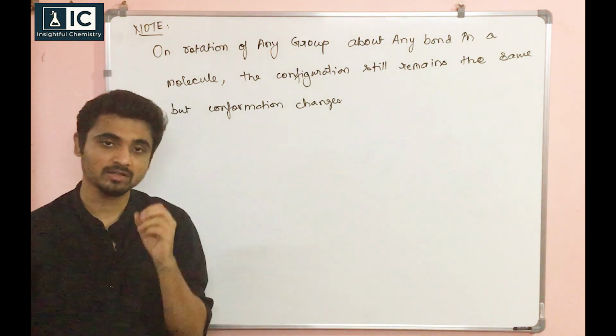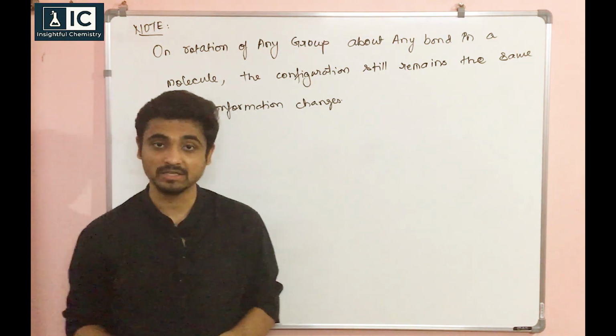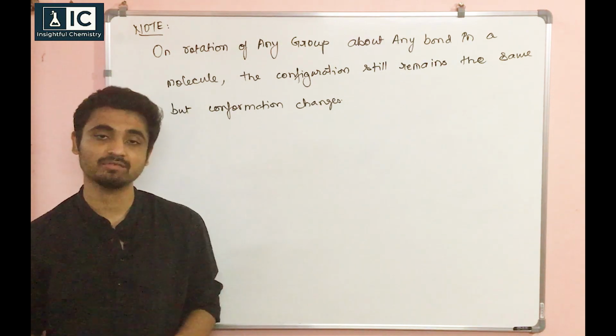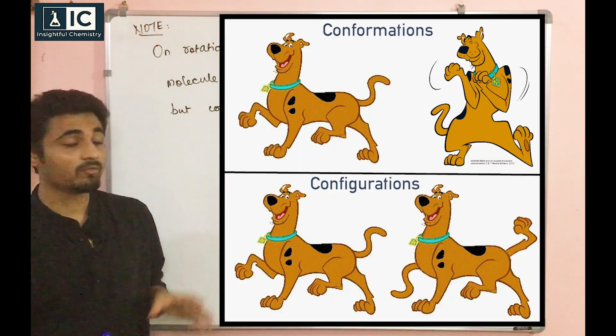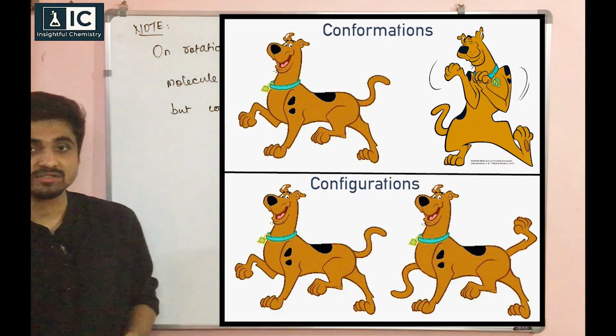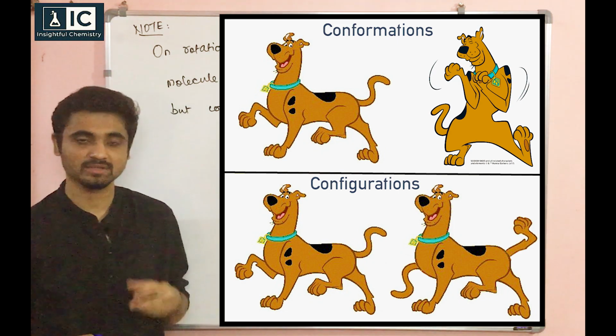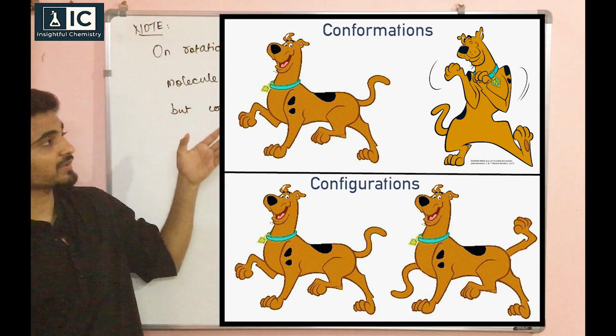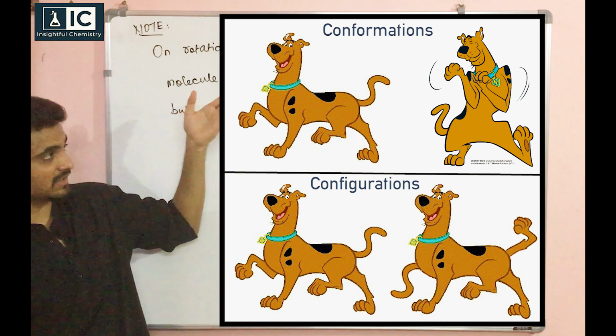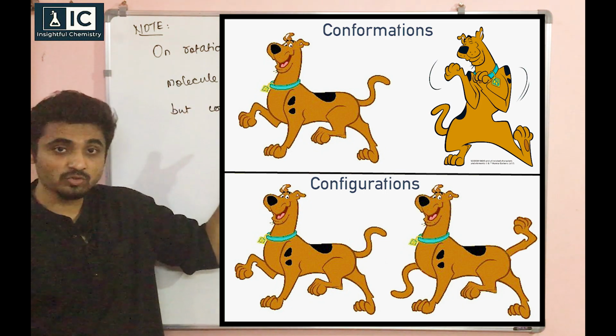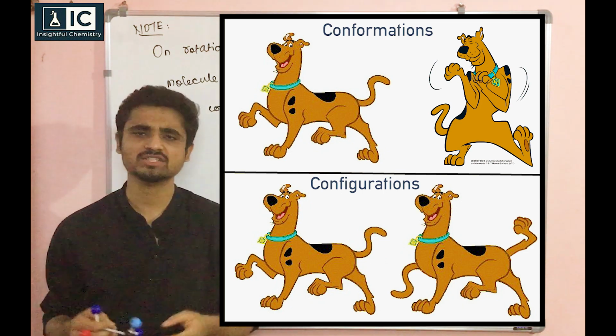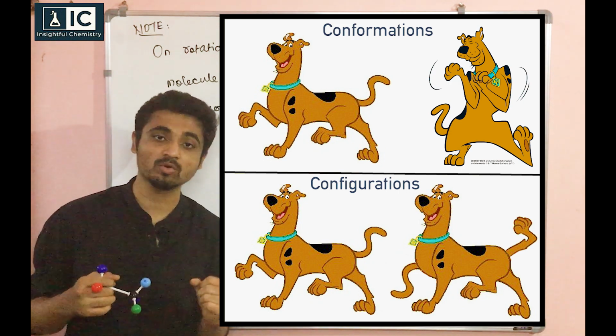Just to tell you in more simple terms the difference between conformation and configuration, check this photo. The basic difference is that in conformation you can go from left Scooby-Doo to right Scooby-Doo just by rotation of elbow, rotation of bones and joints.